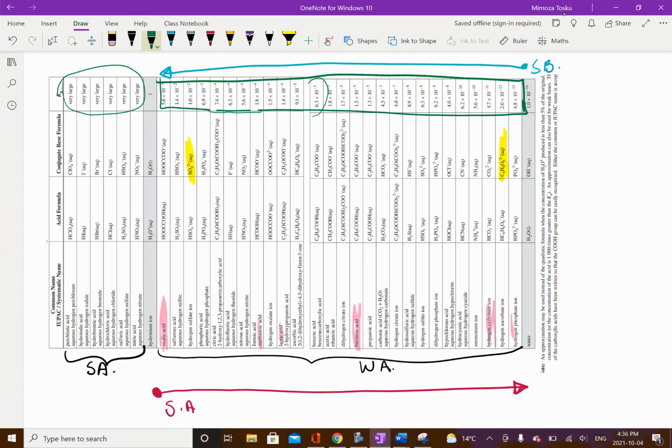Okay, so now let's see how we can use this table and what we can do with this table further into defining the strong acid, defining the strong base, and talking about conjugate base and so on.